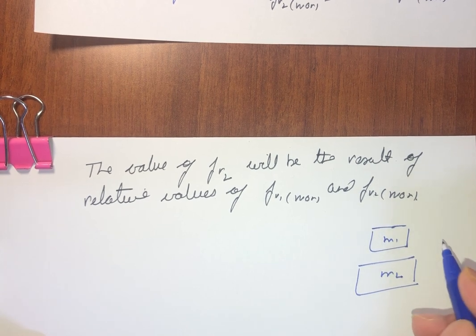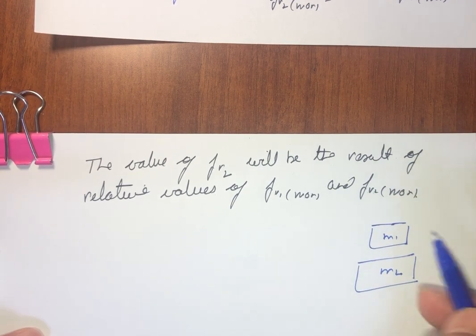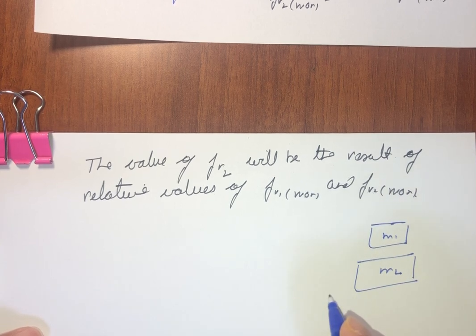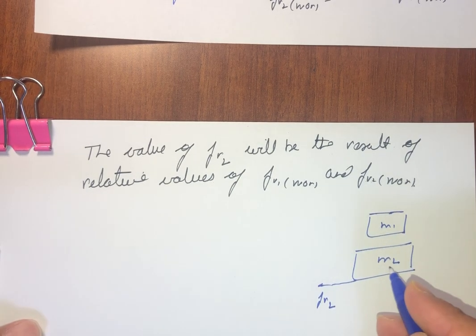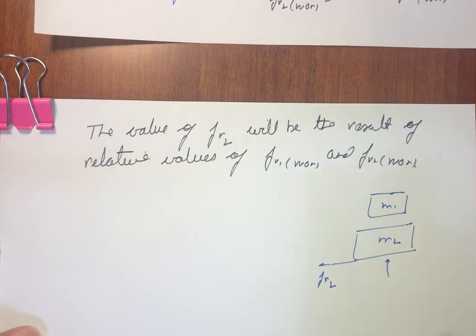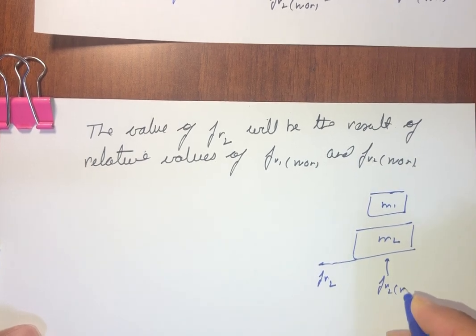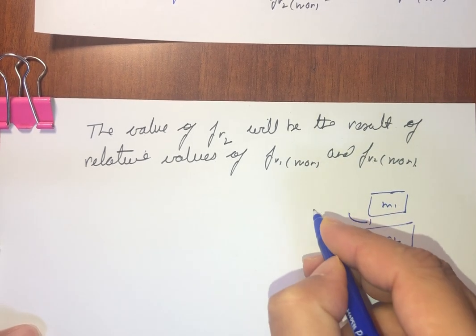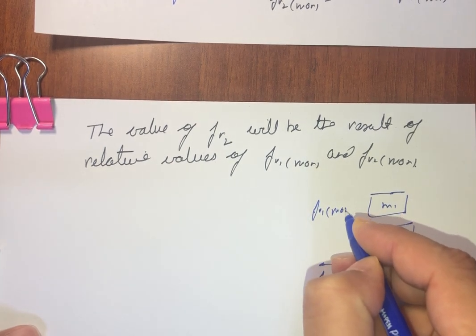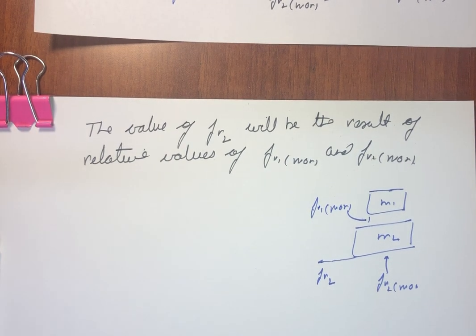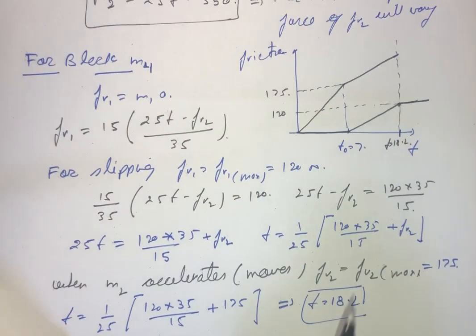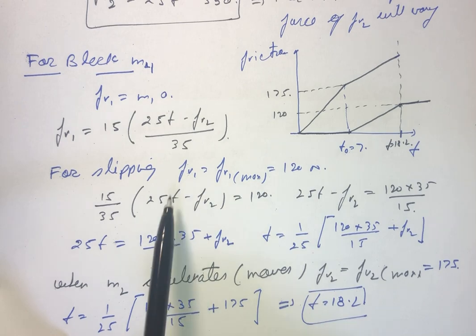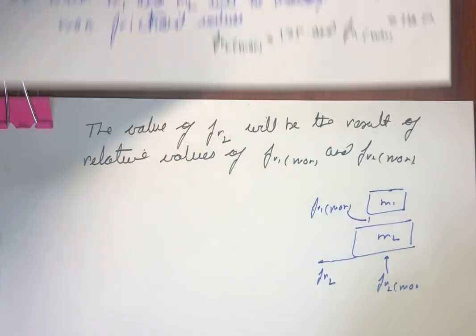So the various forces that now we are going to have, let us suppose this is our FR2. So M2 is having a maximum frictional value of FR2 max, and here we are going to have a maximum value of FR1, because they are already moving at their maximum acceleration, and we already found out that at time t is equal to 18.2 the slipping between two blocks is going to take place.